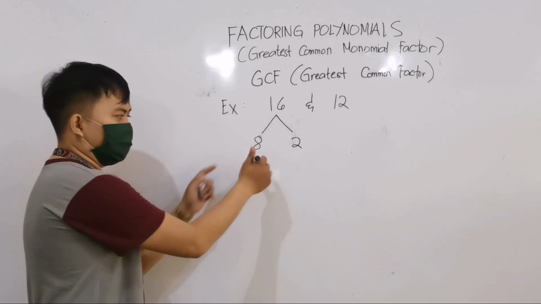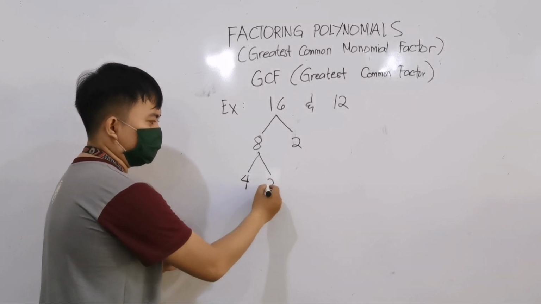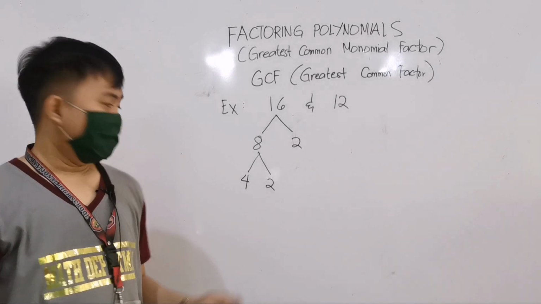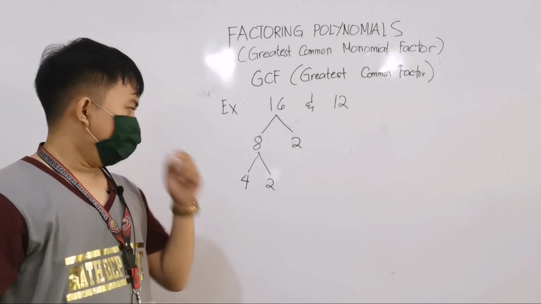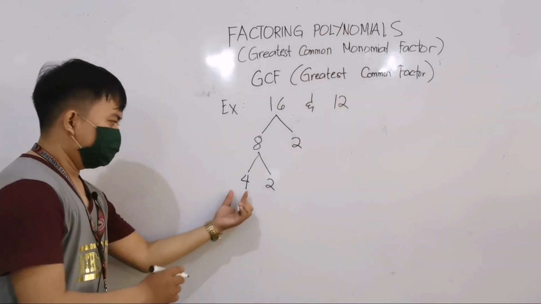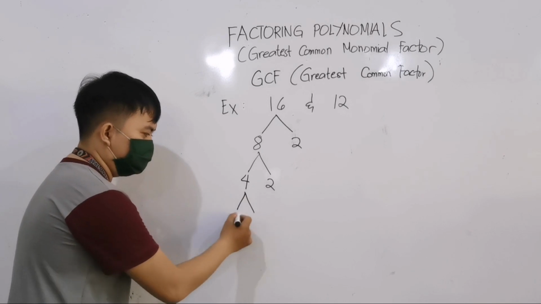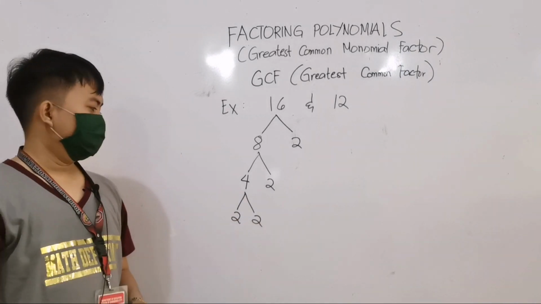So, what are the factors of 8? We have 4 times 2. Is 4 a prime number? No. How about 2? Yes. So, hanggang 2 na lang po. So, what are the factors of 4? 2 times 2.